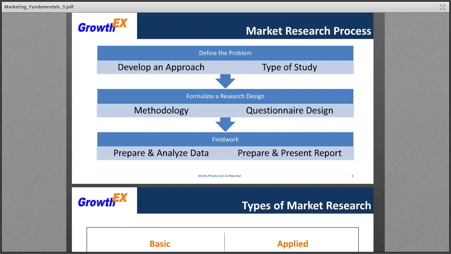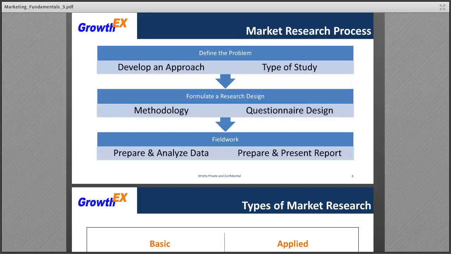And at times, I may be required to present that report as well, because it is I who has actually worked on that data and I know the basis of everything which I am putting forth in that report. So preparing and presenting the report forms the concluding output of any market research process.